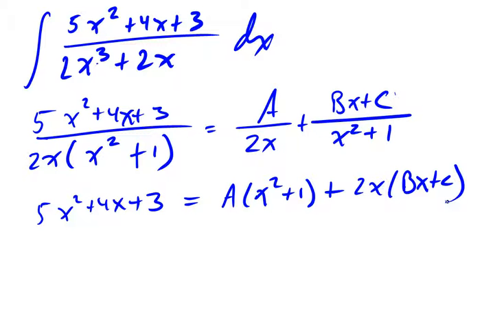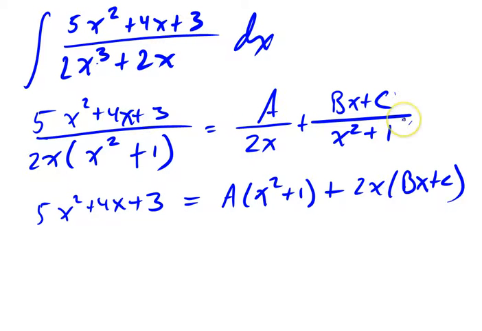One thing I don't think I've mentioned before, but I want to mention it now. One of the things I can check when I'm setting this up to make sure I've got it right, particularly as the denominators get bigger and bigger power, is that whatever the power is in the denominator, that tells me how many variables I should be looking for. This is a cubic polynomial, so I should be looking for A, B, and C, 3 variables, right?